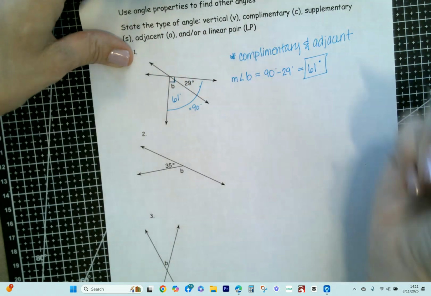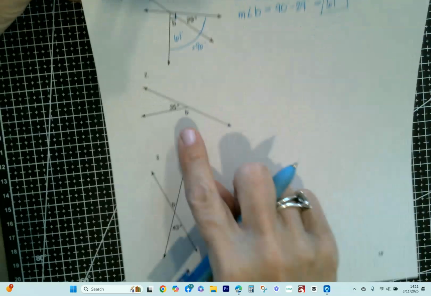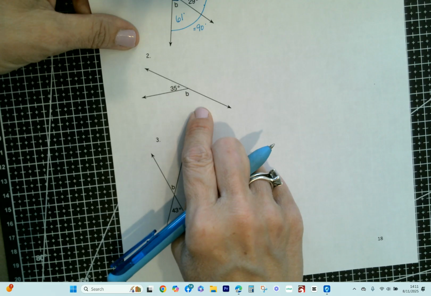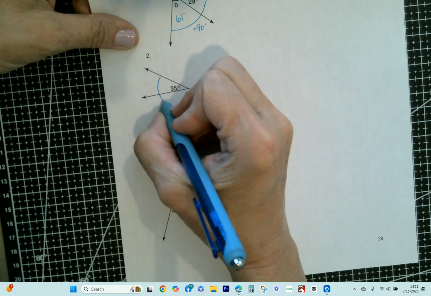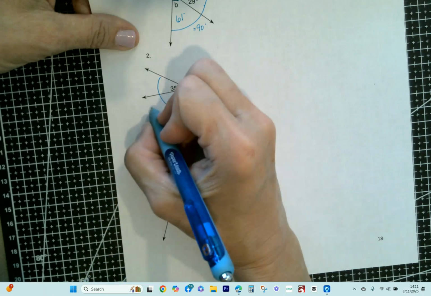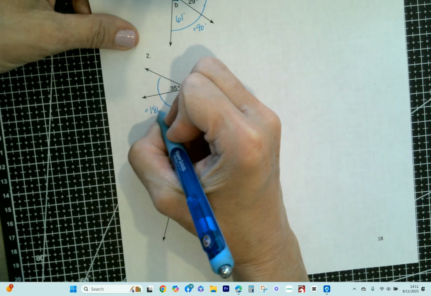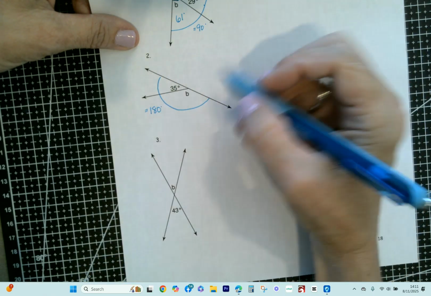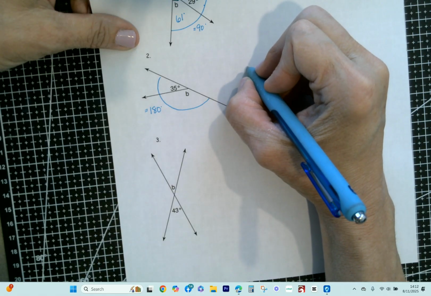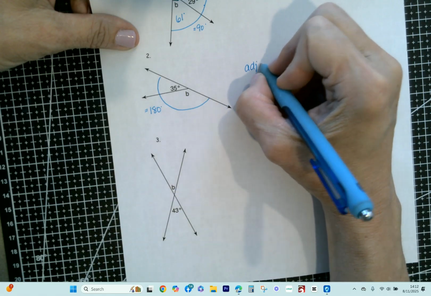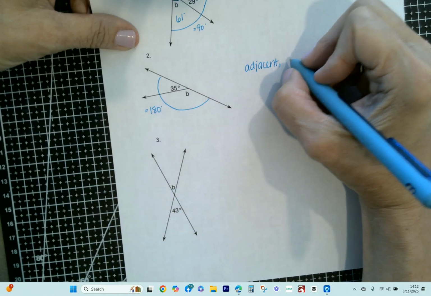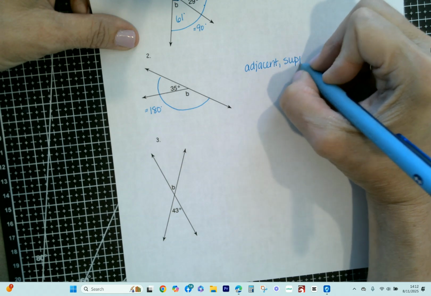And you can go like that too. Right here we have this angle, and then we have B. To go from here to here forms a straight line, so that's going to equal 180 degrees. First of all, these are adjacent angles. They are supplementary because they add to 180.